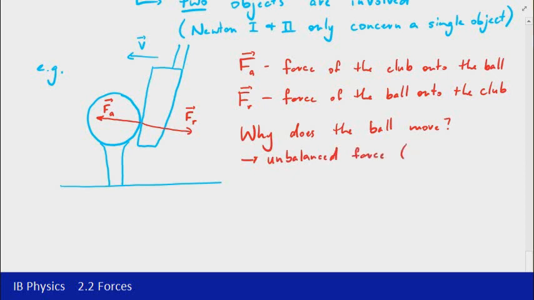And that's basically Newton's second law. So that explains the ball moving, but then you might think, okay, so that's accelerating. At the same time, you also have an unbalanced force acting on the club.